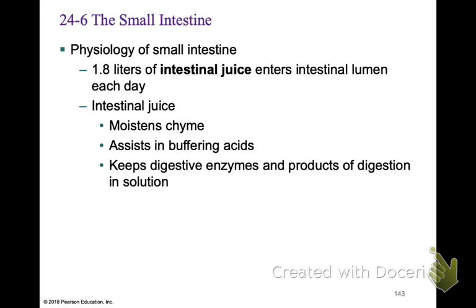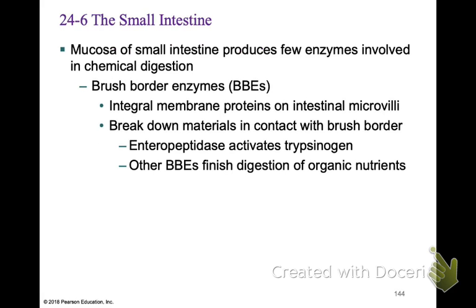The intestinal juice is not really enzymatically rich. It is going to just help wet the chyme, suspend the food particles in the chyme. It's going to adjust the pH of the chyme, and it's going to keep everything mixed and moving.